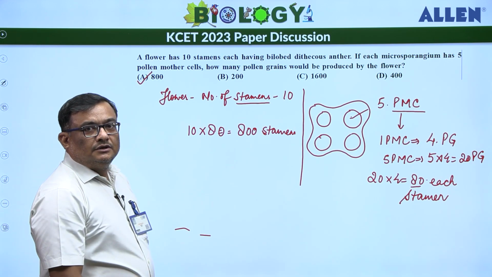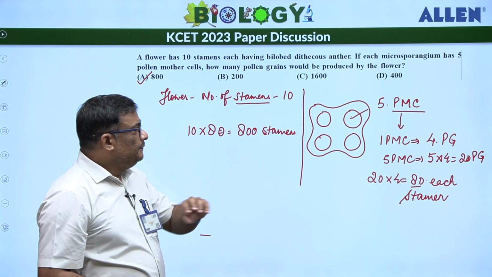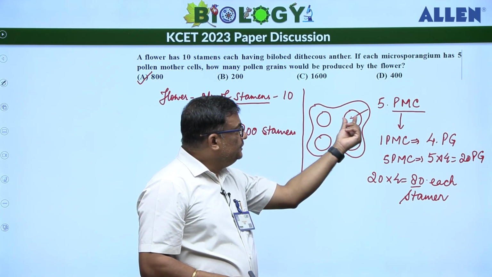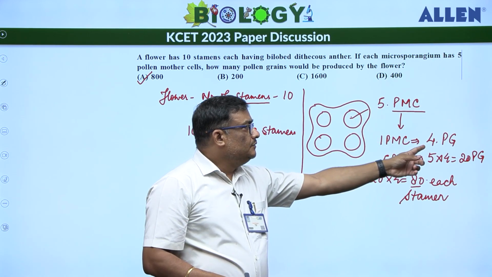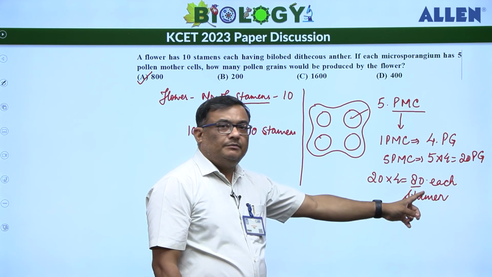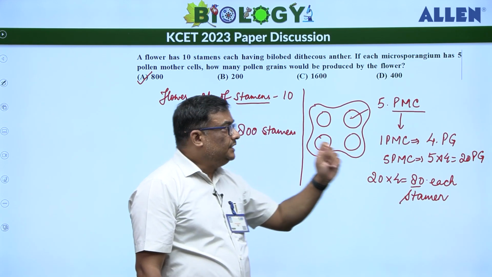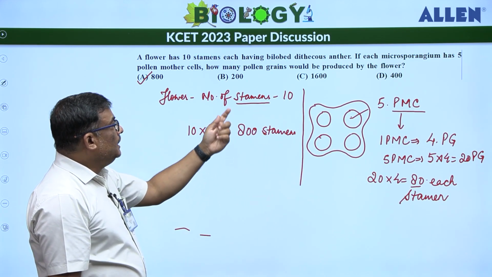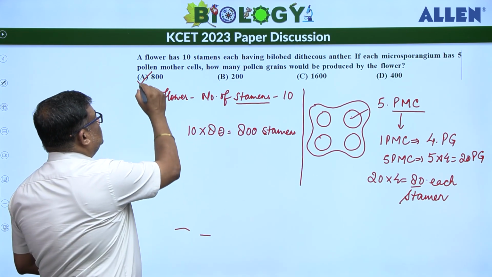Try to calculate bit by bit. The question is very simple. 5 pollen mother cells in each microsporangium, 4 microsporangia, 5 into 4, 20, 20 into 4, it will become 80. So that means every stamen is giving rise to 80 pollen grains. And how many stamens do you have? 10. 80 into 10, it will become 800. So the answer is 800.